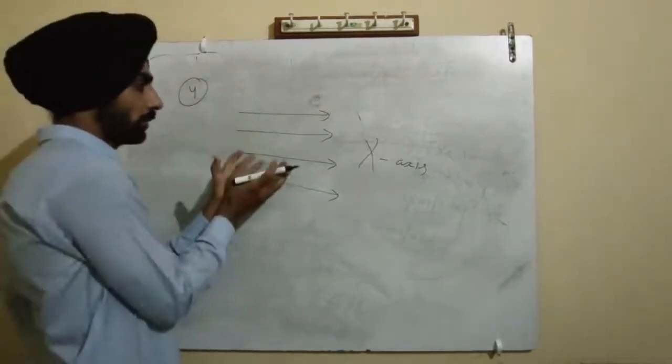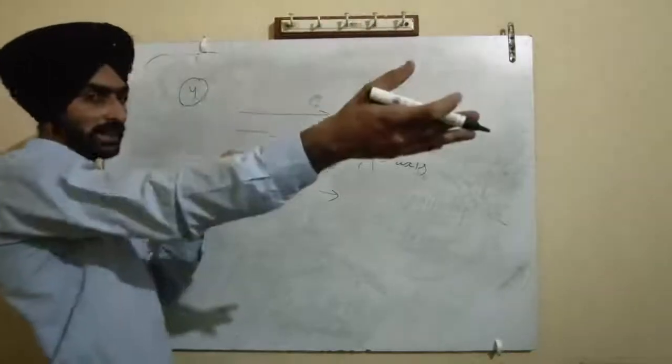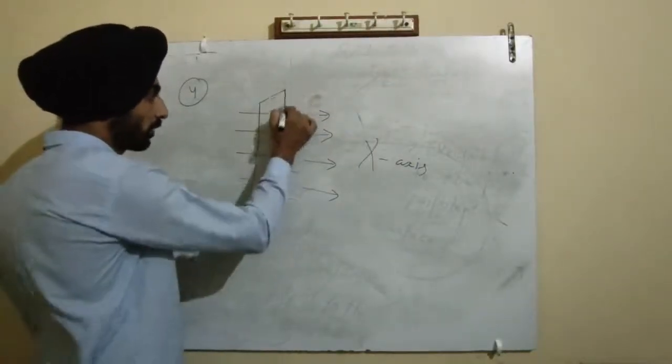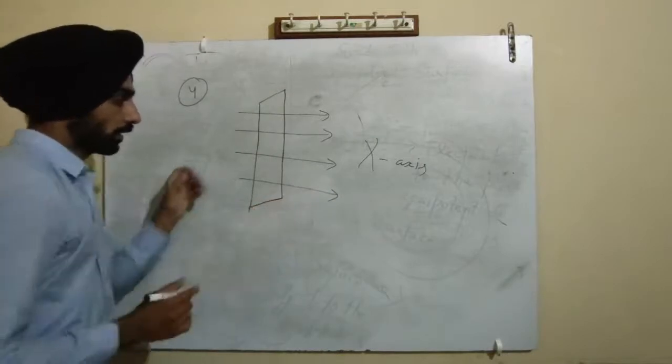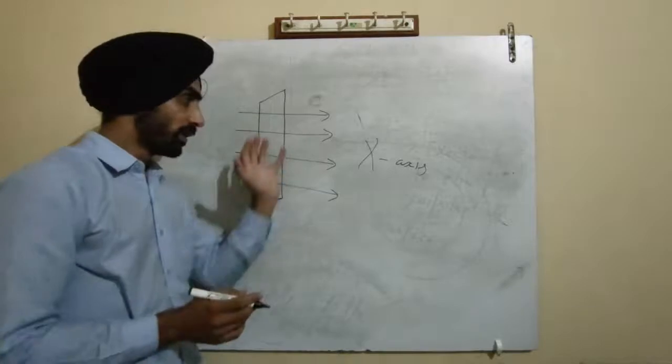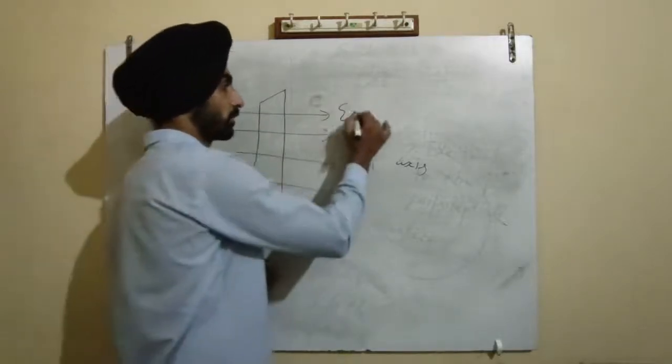So when the electric field is along the x-axis, the equipotential surfaces are rectangular planes normal to the electric field.